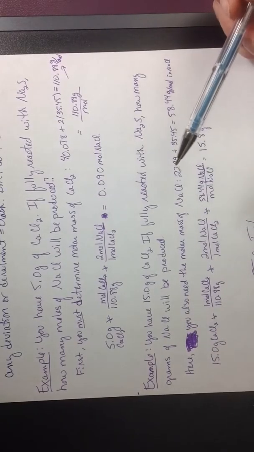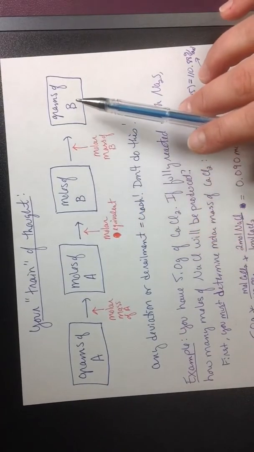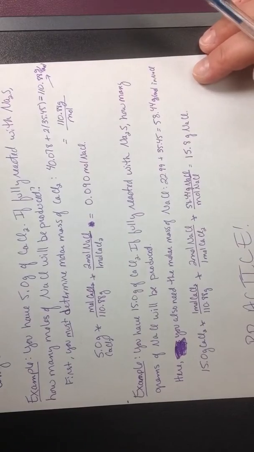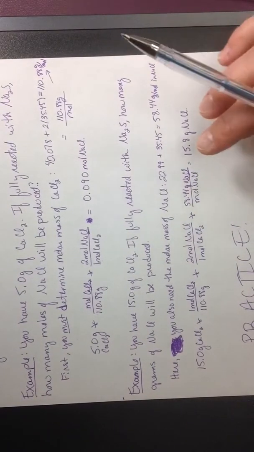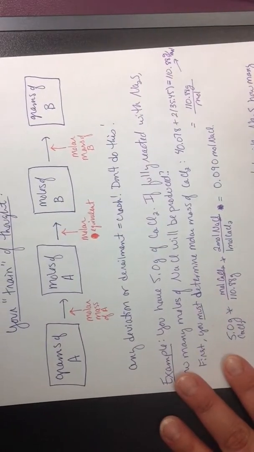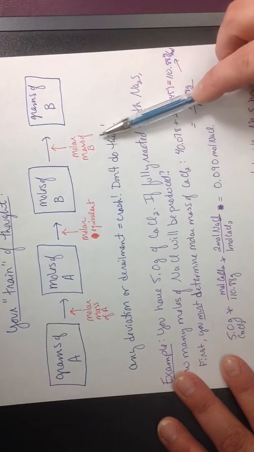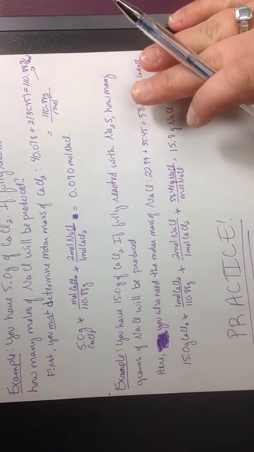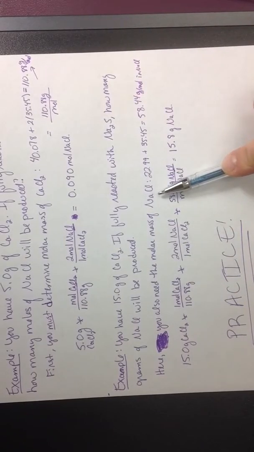This is the same problem, the only difference is you're going further on the train. Instead of getting off here, we're going to get off here. Now what that means though is that you need to have the molar mass of both NaCl and CaCl2. Remember, here's the molar mass of one, here's the molar mass of the other. We already figured out the molar mass of CaCl2, so we figure out the molar mass of NaCl.